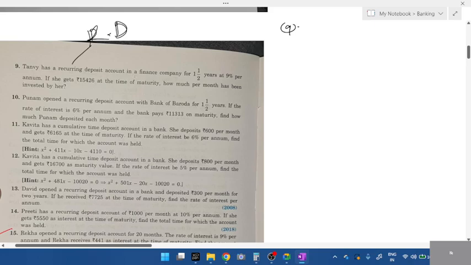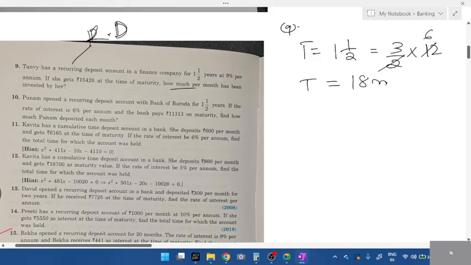Recurring deposit account in a finance company for 1 1/2 years. So time period is 1 1/2. Convert this into fraction. 2 ones are 2, 2 plus 1, 3/2. This 3/2, you should multiply by 12 to convert into months. We don't take it in years, we take it monthwise. 2 ones are 2, 6. How many months? 18 months.